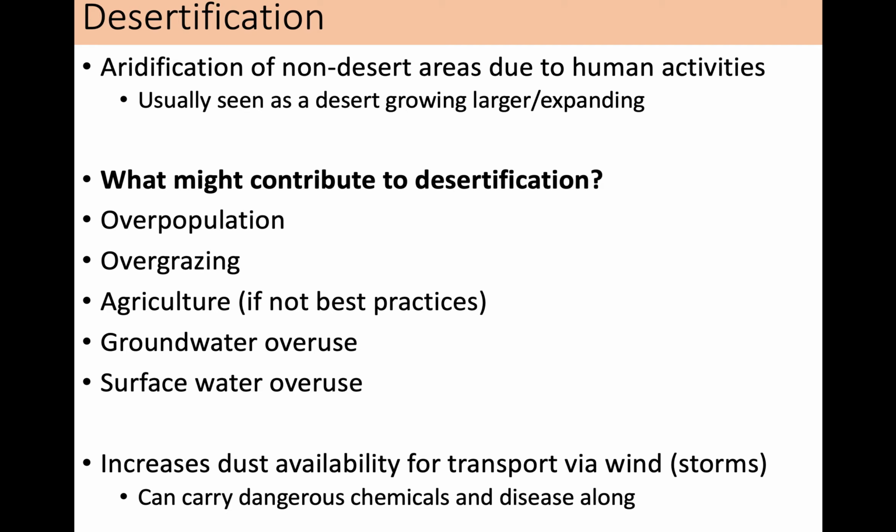Windstorms can be very dangerous, especially if it is new dust, so we're not accustomed to having dust storms in these areas. If now we have more availability of dust in terms of area, we can see more frequent, more severe, and more widespread dust storms in the future.